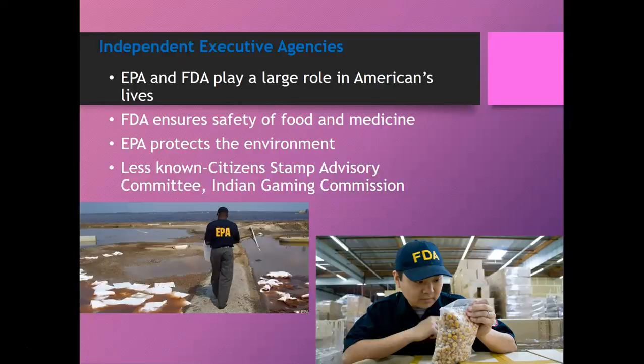So the EPA was kind of a reaction to that, and even though they're an agency, they also do a lot more regulatory work, I guess you could say.